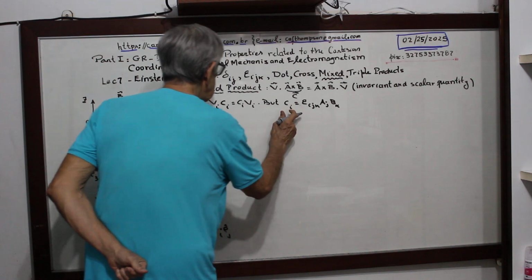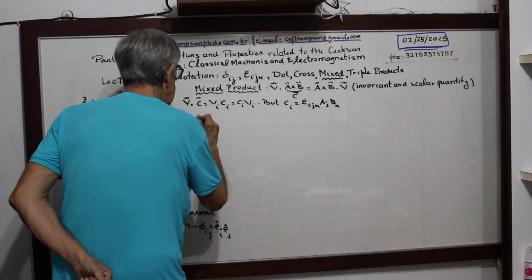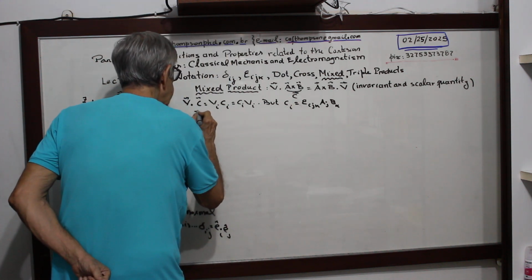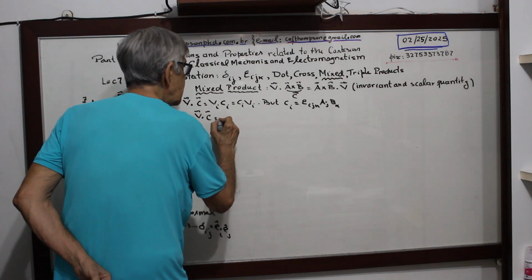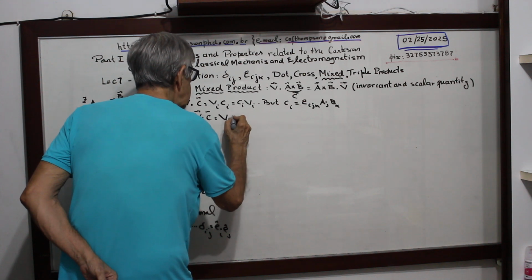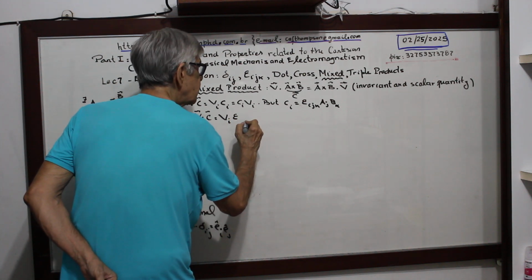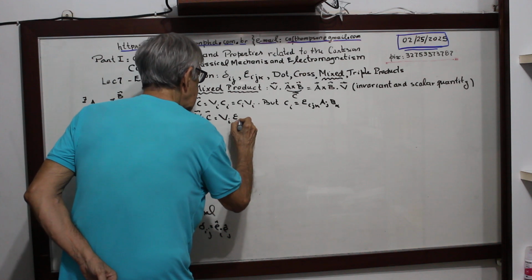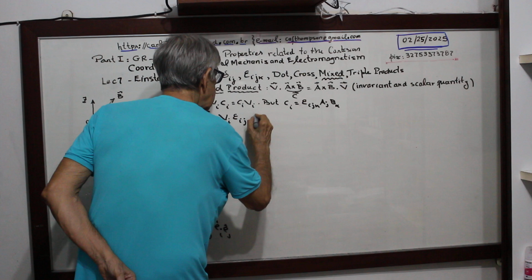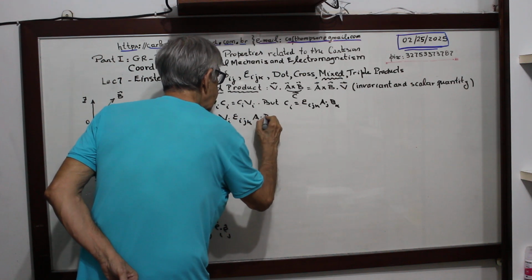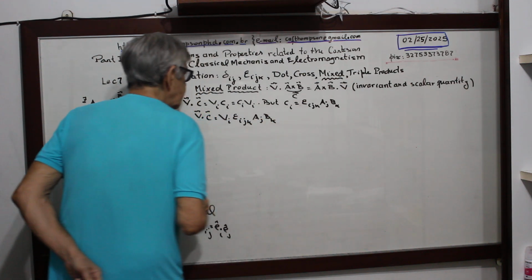Now let's substitute over here. So v dot c is equal to v_i epsilon_ijk a_j b_k.